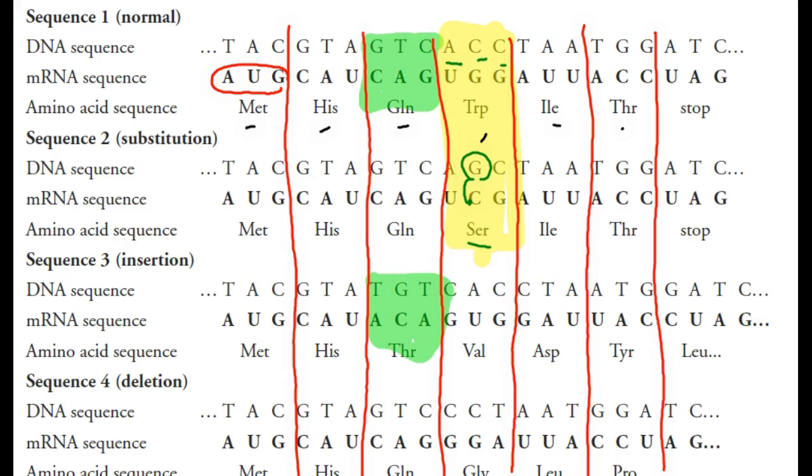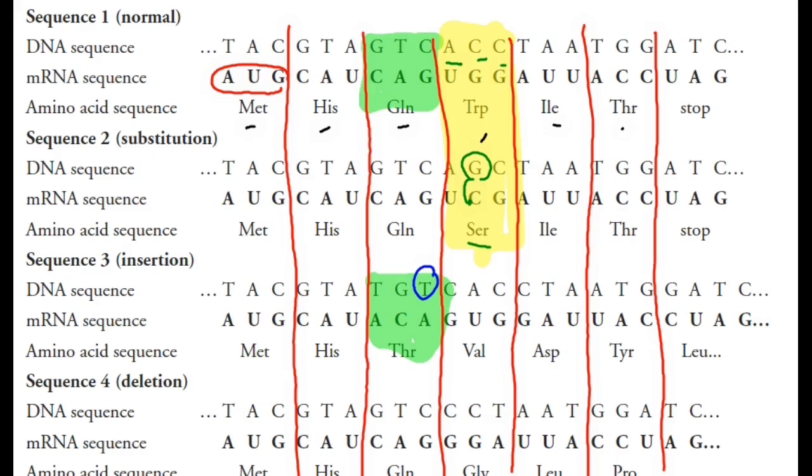You are supposed to go A, G, T, C, but instead it's A, T, G, T, C. In this case, you have a T that has been added where a T does not belong.